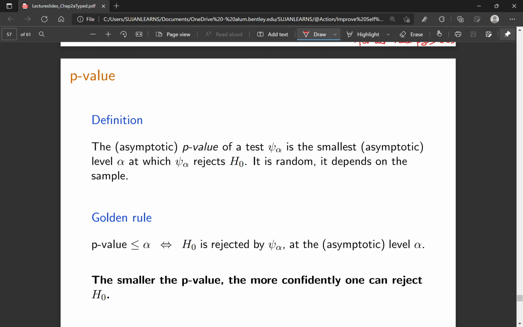Why do people report p-values? People report p-values in a study paper because they live in the same space as alpha, and it helps to answer questions such as, would I still be rejecting the null hypothesis if I did this test again at 5%, at 10%, or at 2%?